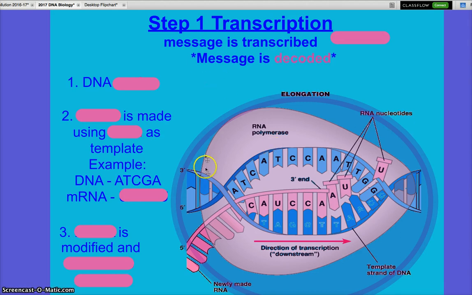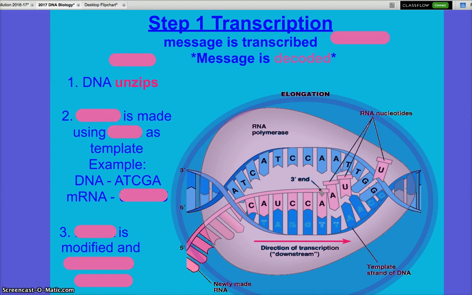So the first thing that happens, now look at what's happening to DNA in this image. It's splitting. Just like in replication, DNA unzips. Then what happens? What do you see happening? By the way, my DNA model is blue. And what do you think this pink thing is? RNA. Why do you think that's RNA? There's 2 reasons why I know that's RNA.